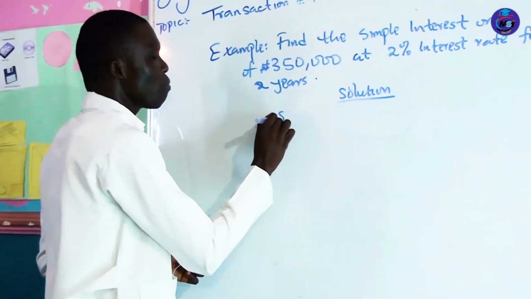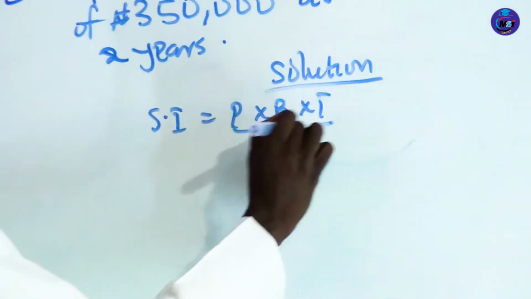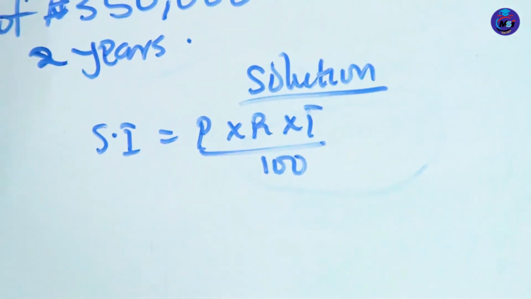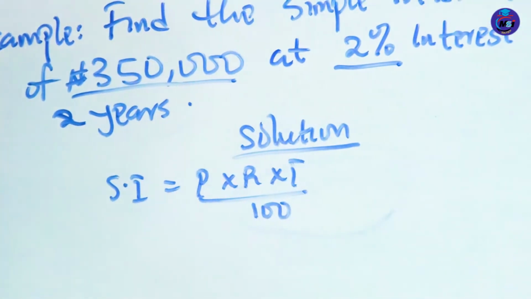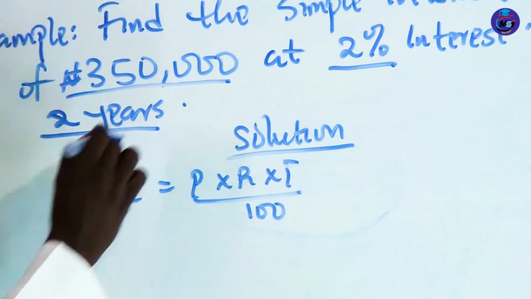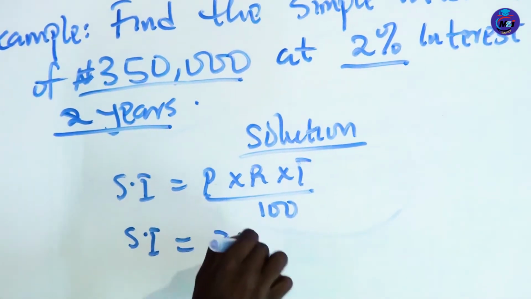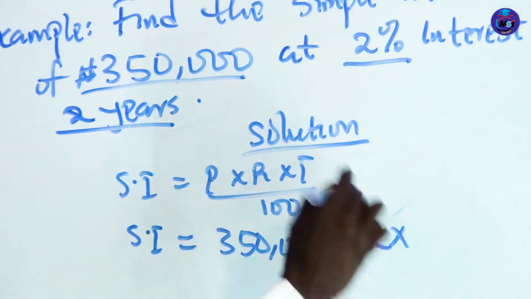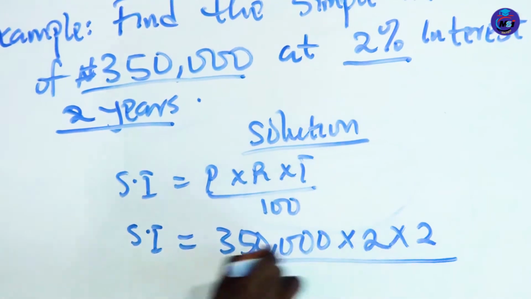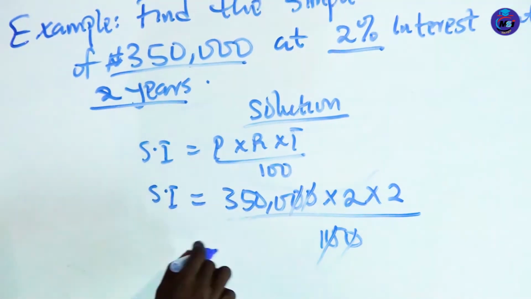Now, simple interest equals P times R times T all over 100. Am I right? P is 350,000, R is 2% and T is 2 years. SI equals 350,000 multiplied by 2 multiplied by 2 years divided by 100. 0 cancels 0, 0 cancels 0.